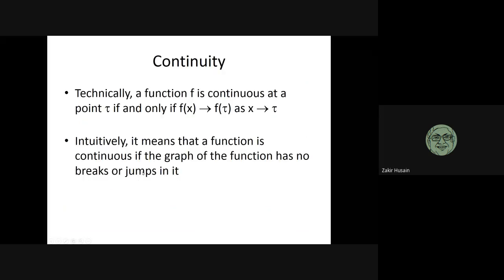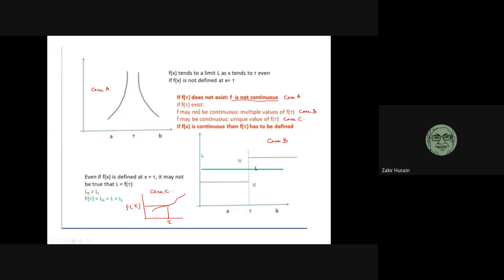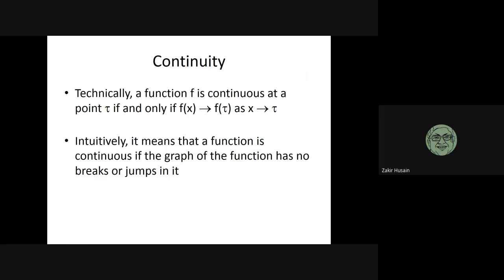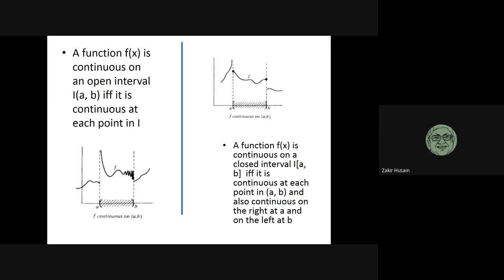So the graph should not have any break or jump in it. This you can see is a break. This is a jump. The function shifts upward suddenly. So if a function does not have any break or jump or any discontinuity, then we say that it is continuous.